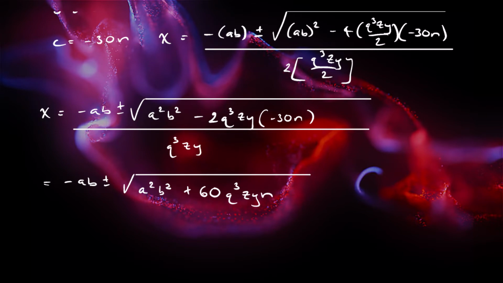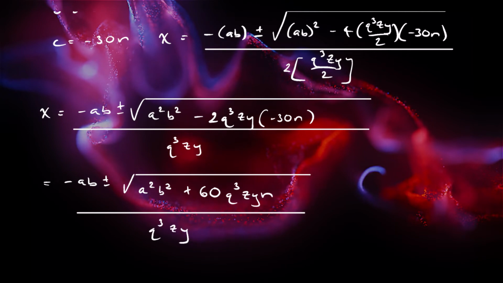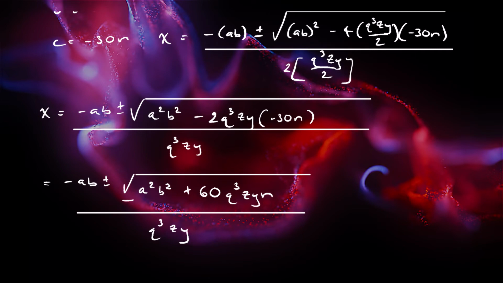So this is all in the square root over q cubed zy. Now, can we simplify this any further? The answer is probably not. This looks pretty good to me. And so why don't we say this is our final solution. So we have two solutions, negative ab plus all of this over q cubed zy, and also negative ab minus all of this over q cubed zy.